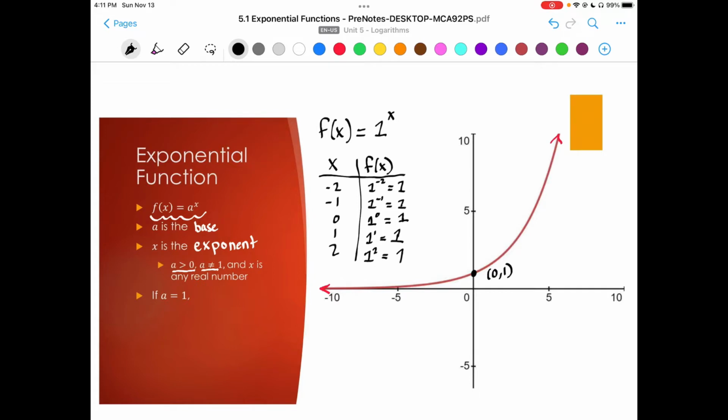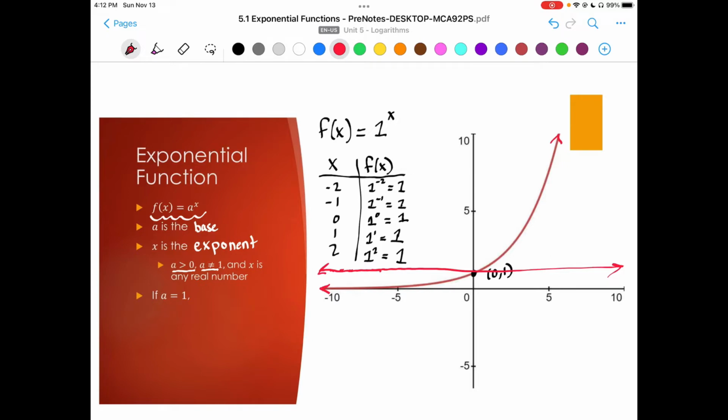So in fact, if a equals 1, it just gives us this nice little horizontal line. It is not an exponential function. It's just a linear function, y equals 1. And that's because 1 to any power is still just going to be 1.